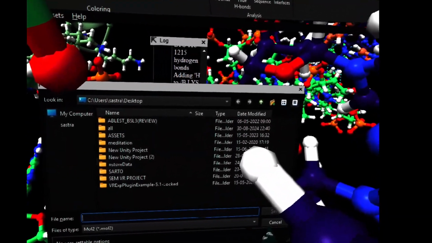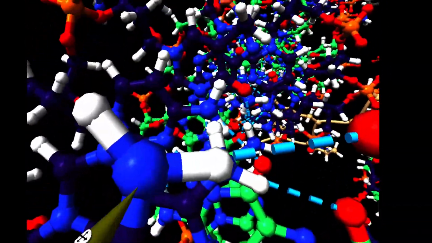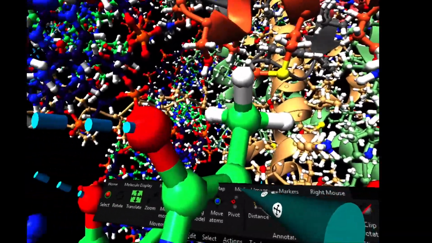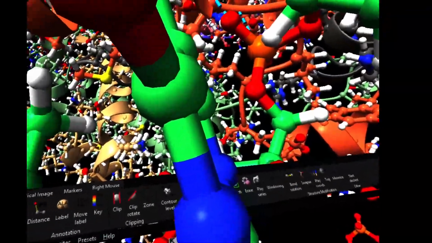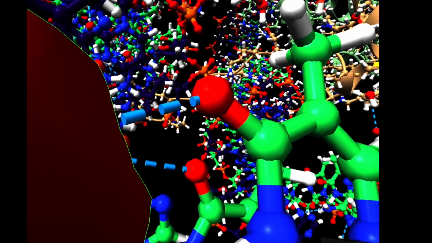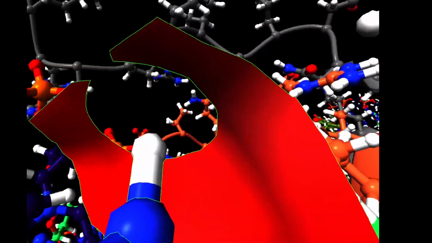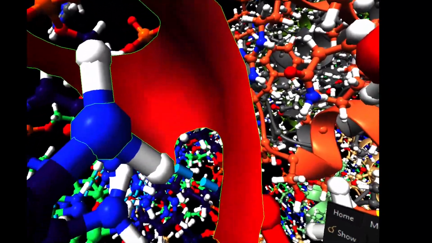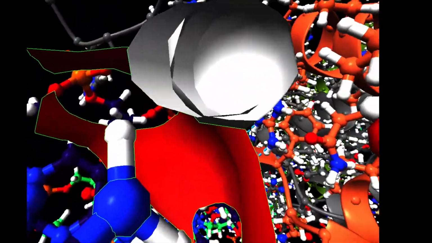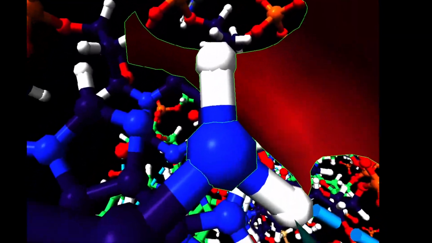So now it's pretty clear that this nitrogen within the guanine has two hydrogens bonded to it, and the partial negative charge of the nitrogen, if I select the atom and use electrostatics, as you can see, this nitrogen forms a very strong negative shell around itself, because nitrogen is an electronegative atom with 5 electrons in its outer shell, and hence it needs 8 electrons to become stable, and these additional 3 electrons it shares along with the hydrogen it's bonded to, and the core carbon atom right here within the heterocyclic ring.